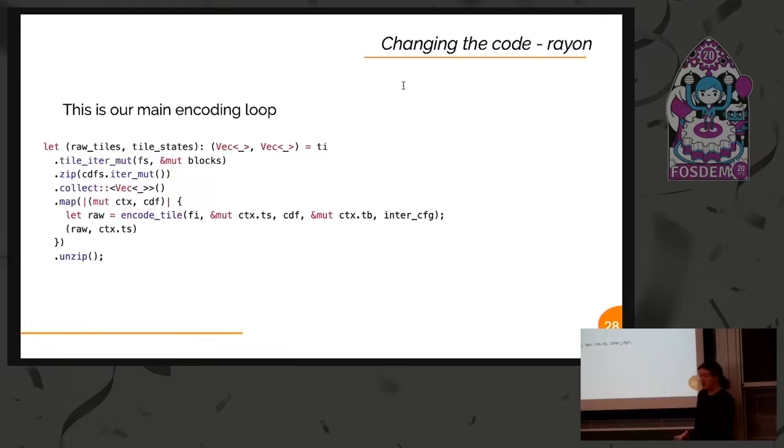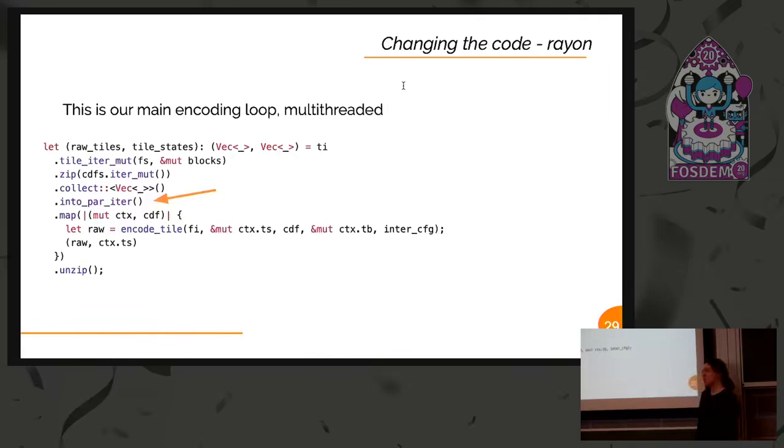I'm not kidding you. This is our main encoding loop. A little complex, but I mean, it's just iterators, right? OK, this is multi-threaded. That's it. Simple, right? Fearless concurrency. Well, lazy concurrency.